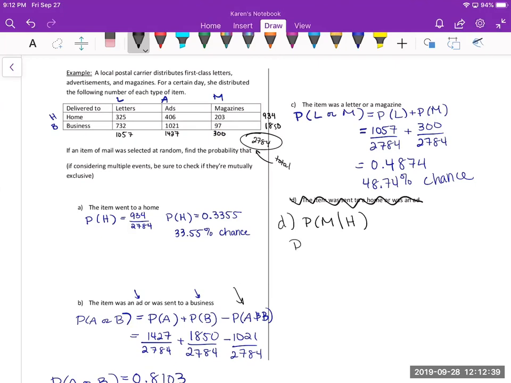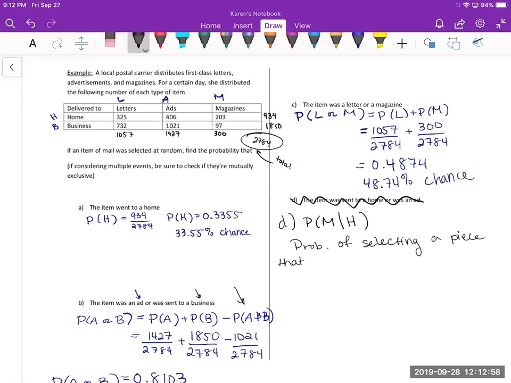What is the probability of selecting a piece of mail that went to a home? No, that was a magazine. Ooh, dearie me, I almost did that backwards. Piece of mail that was a magazine, given it went to a home.